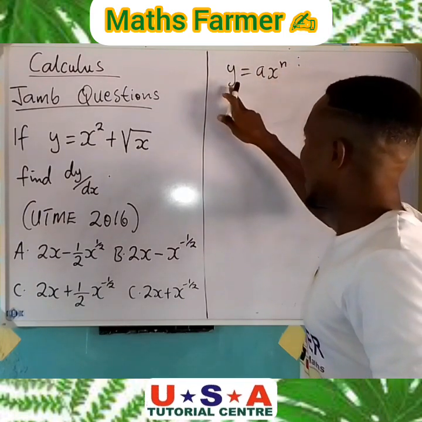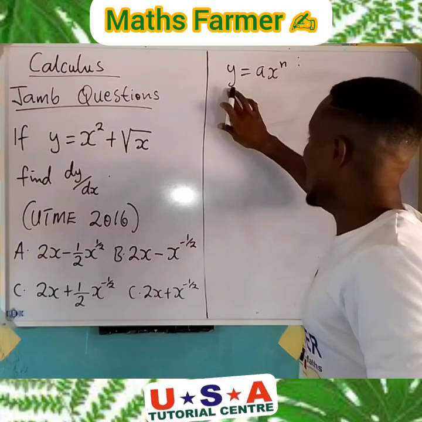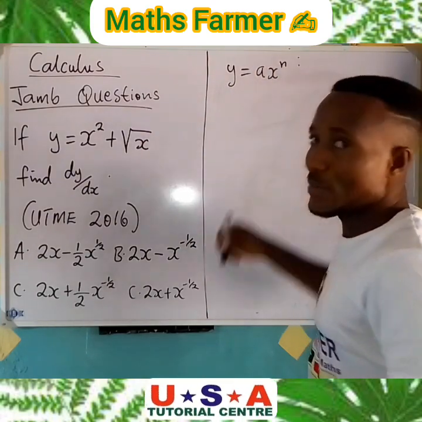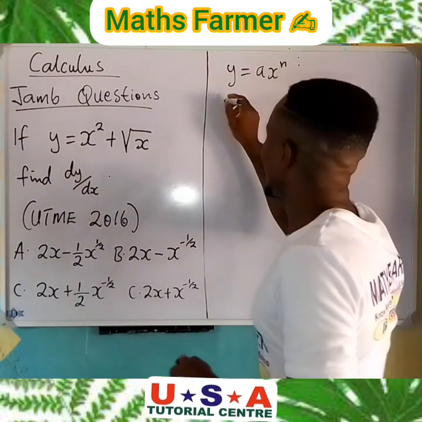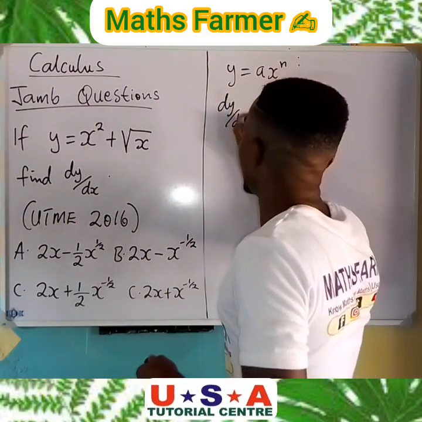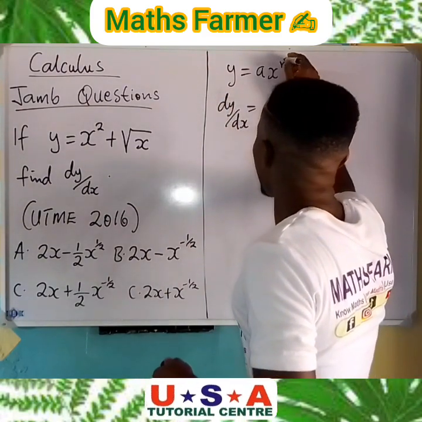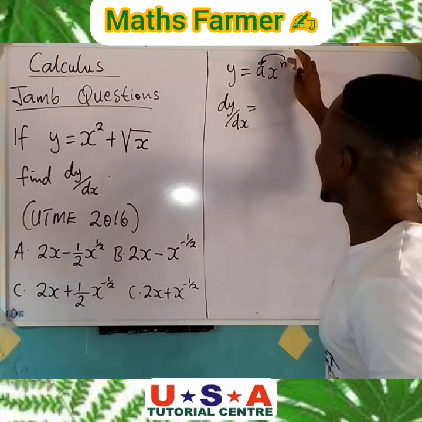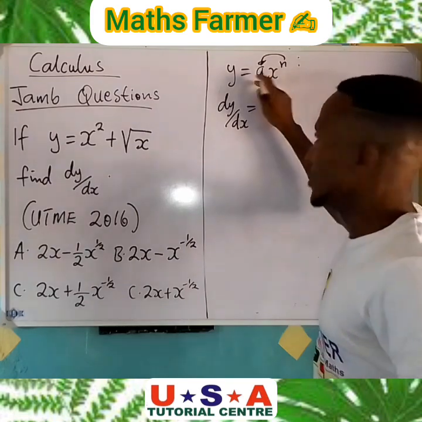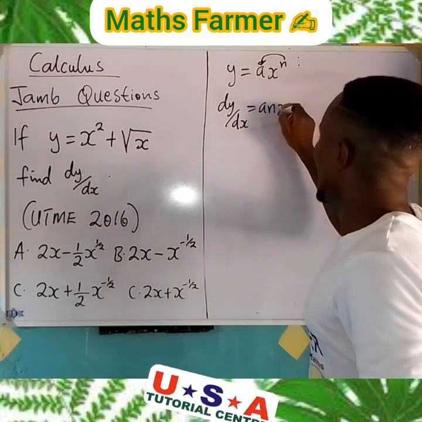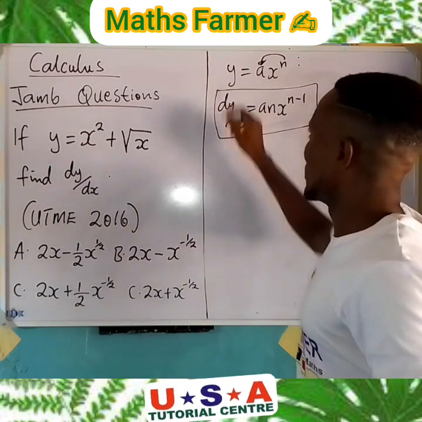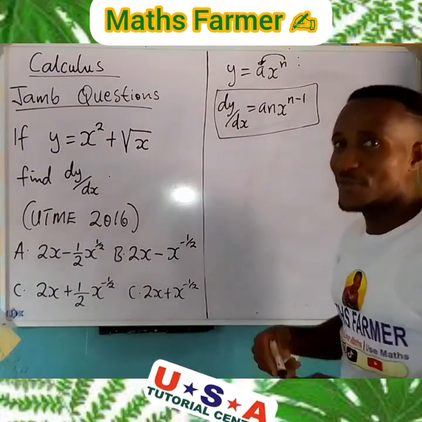The variables here are y and x, and the a and n are numbers or integers. Now, if you are asked to differentiate this, use the power of x here to multiply the coefficient of x. That means n times a is going to give us an x raised to the power of n minus 1. This is the general formula for differentiating an algebraic function.